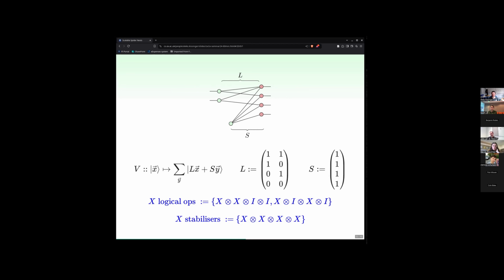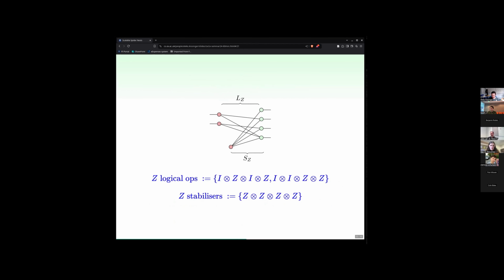A nice thing about CSS codes is they are totally fixed by just one kind of operators. You always have these all-X operators and these all-Z operators, but in fact I only have to give you one family, and then the other family is uniquely fixed up to a choice of generators. So here, this totally defines the code, and here are the X operators associated to it.